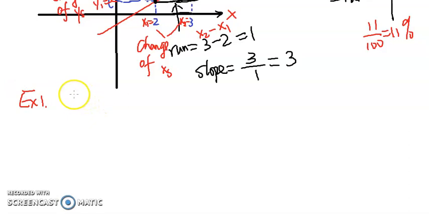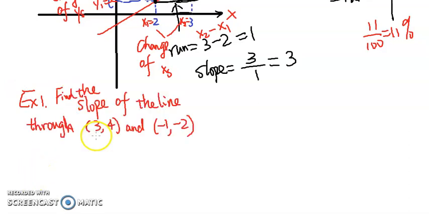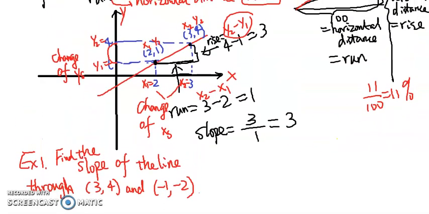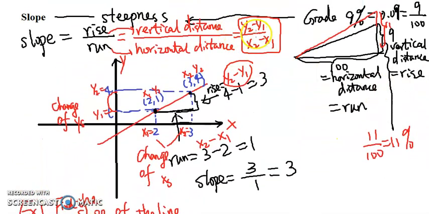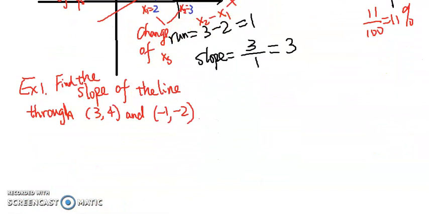Example: find the slope of the line through 3, 4 and -1, -2. We use the formula, the change of y over the change of x. So y2 minus y1 is the change of y, and x2 minus x1 is the change of x. Let's first mark them down.